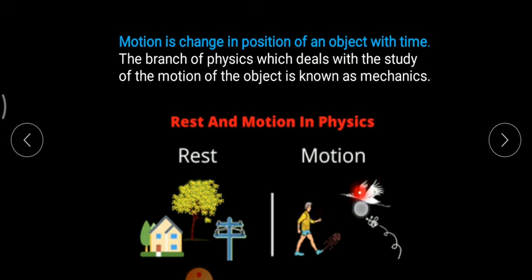Whereas this bird is migrating from one point to another point, so we will say this bird is in motion. Similarly, this fly is changing its position with respect to time, so we will say this fly is in motion. So these are certain examples from which you can understand rest and motion.